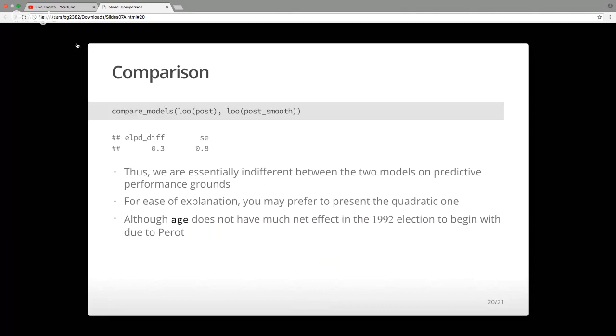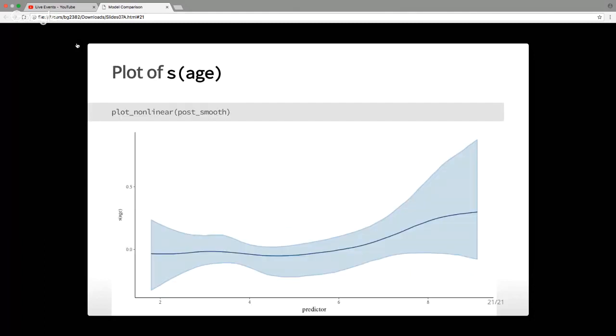You have two pretty good models that are expected to predict equally well in the future. But a lot of that is because age didn't really make much of a difference in either model. And so what you do on the age variable has not that much of an influence on the ability to predict who would vote Republican in the 1996 election, for example. Now, if we had a more important variable here, then maybe you might see one being preferable to the other.